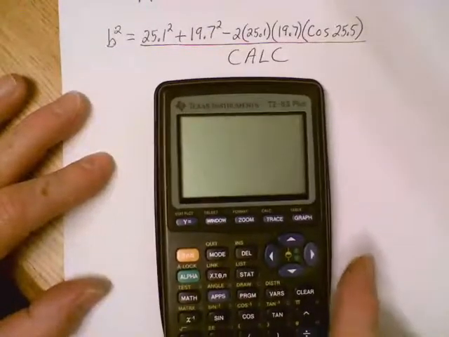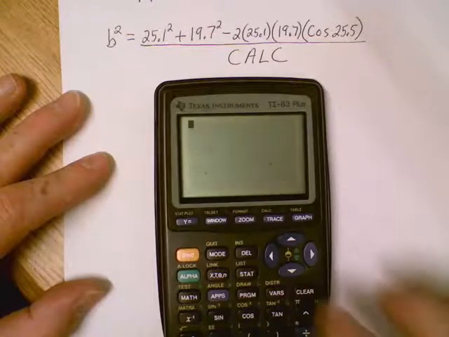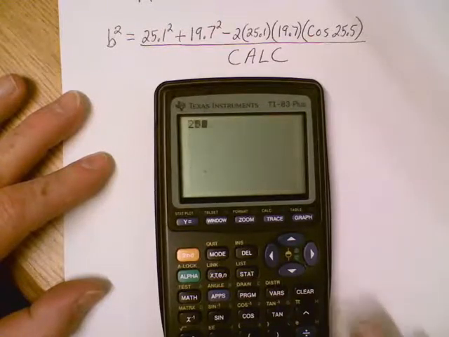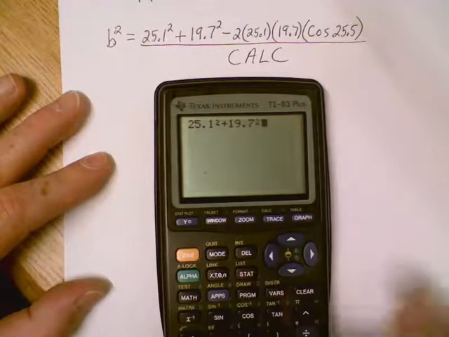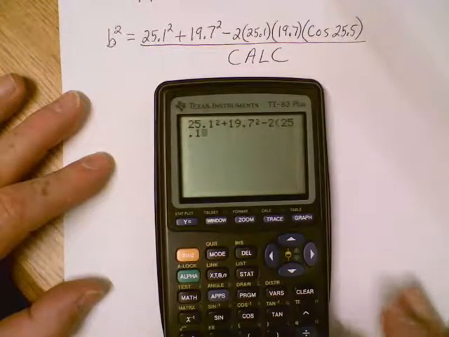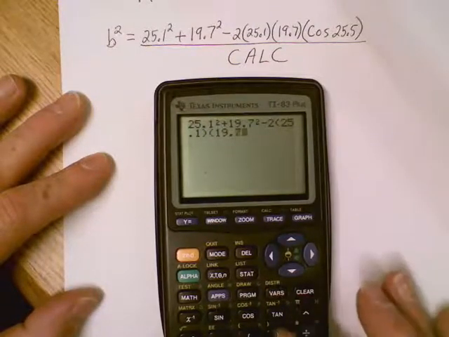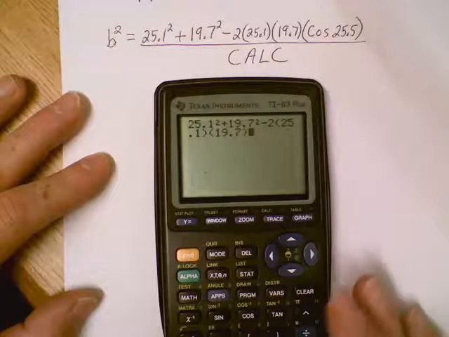I punch in 25.1 squared plus 19.7 squared minus 2, parenthesis, 25.1, close the parenthesis, open up a new one, 19.7, close the parenthesis, open up a new one.